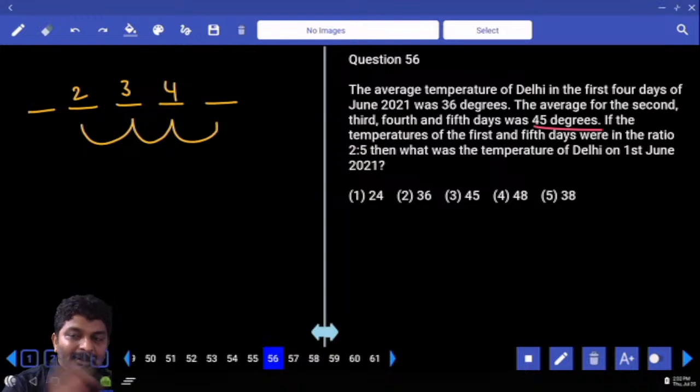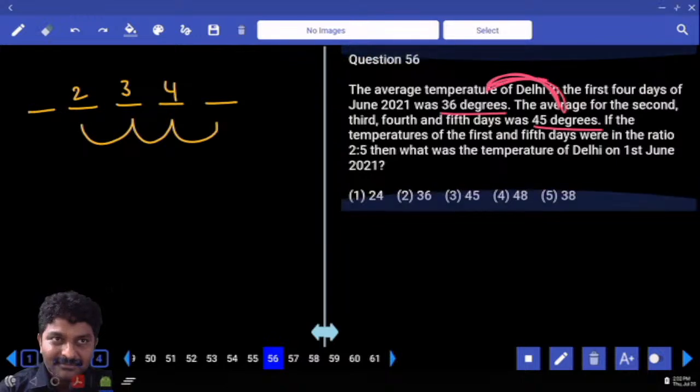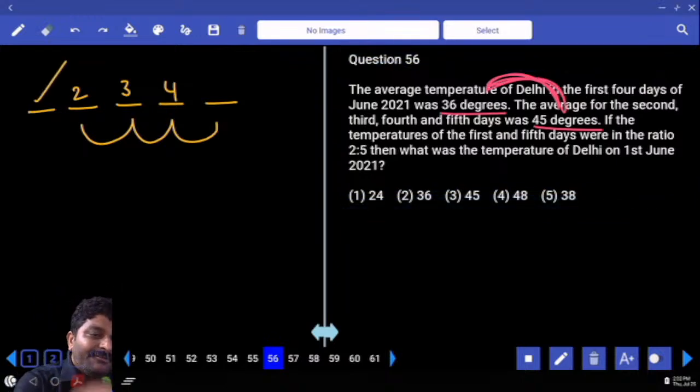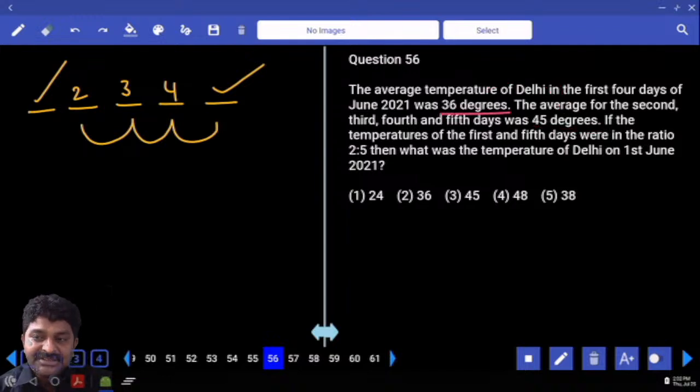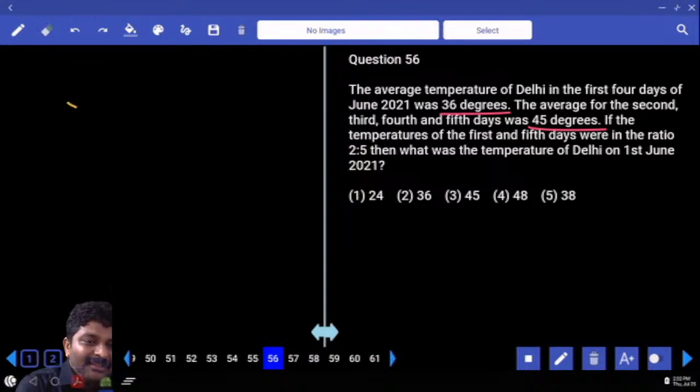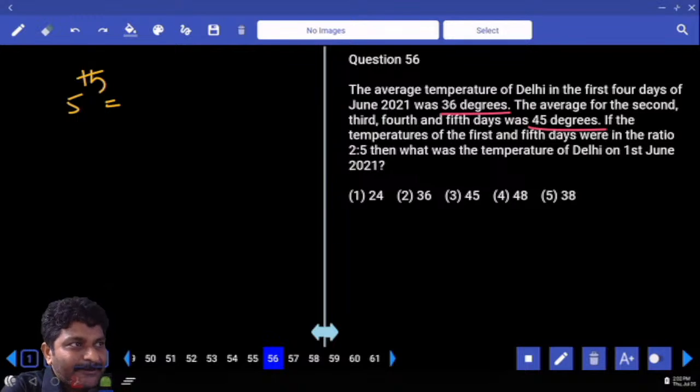Now whatever is the average change we have here, that is because of first day and fifth day only. With first day average is 36. With fifth day, in which case is it more? Second case. That means including fifth day the average is more. That means fifth day temperature is more than first day temperature.